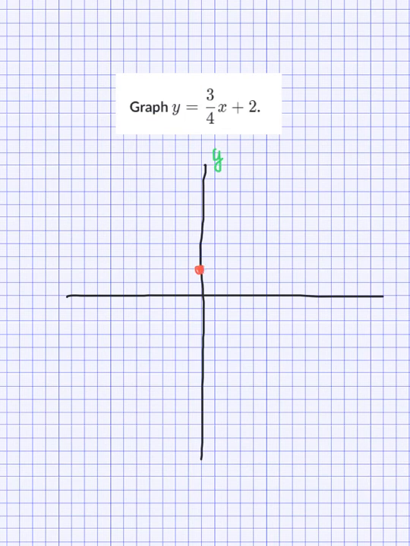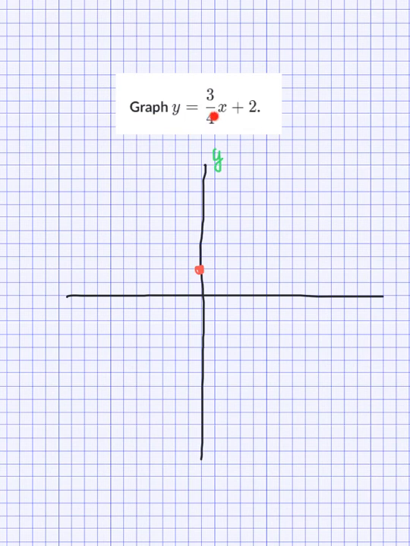The slope tells me how to move in two directions. The numerator tells you how many spaces to move up if it's positive, or down if it's negative, and the denominator will tell you how many spaces to move to the right.